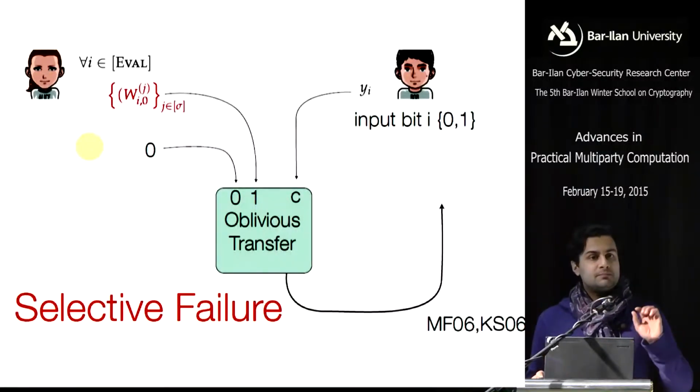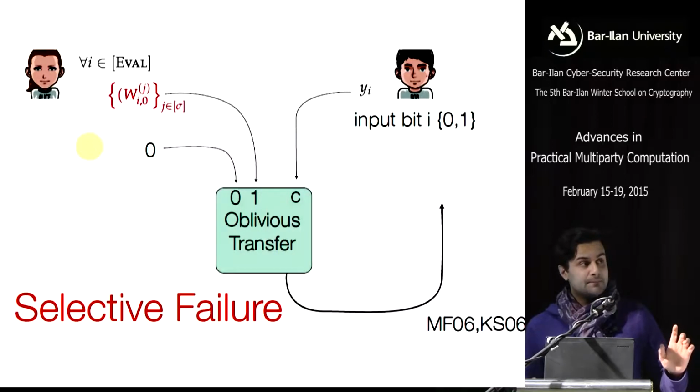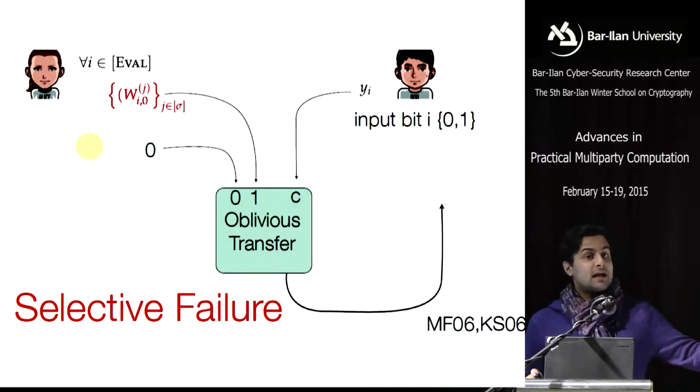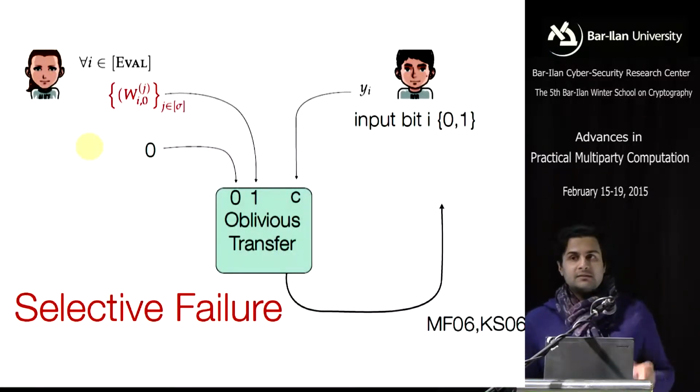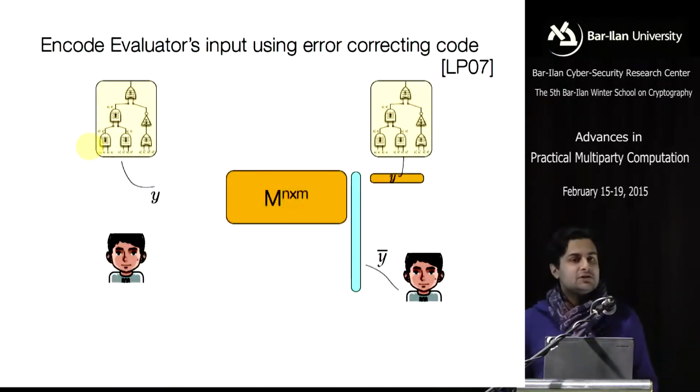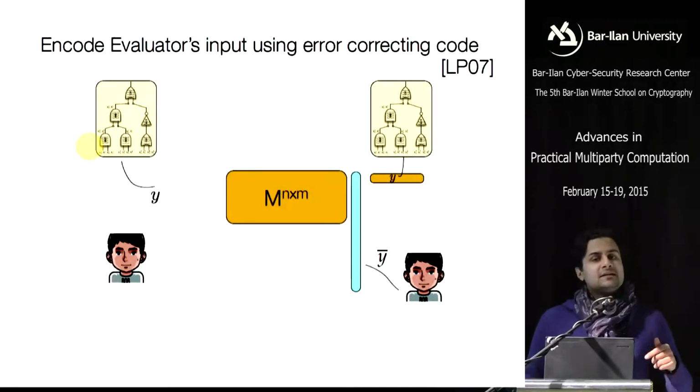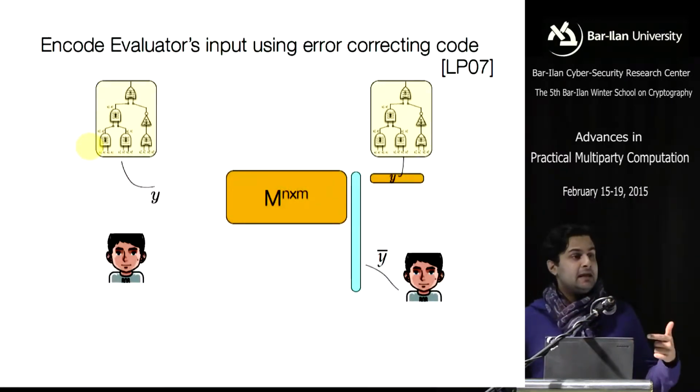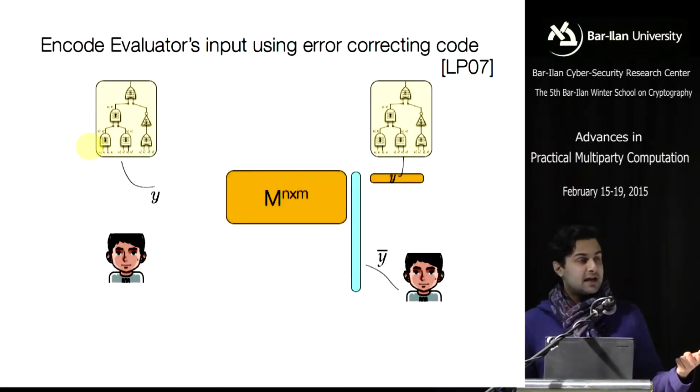What we're going to do to defend against this attack is to still allow selective failure, but decrease the harm of that particular attack. So we're going to make it such that Alice has to do at least k successful selective failure attacks before she actually learns anything about Bob's input.